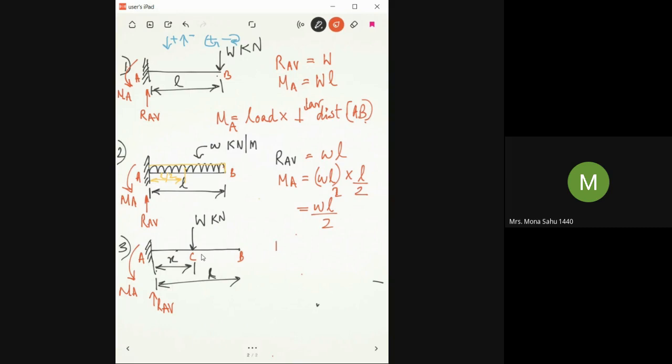Okay, so what will be the value of RAV? What are the downward forces that we have? W. That will be the RAV. What will be MA? It's going to be W into X. Please let me know once you are finished writing. If you have any doubts, you can ask me then and there, please.